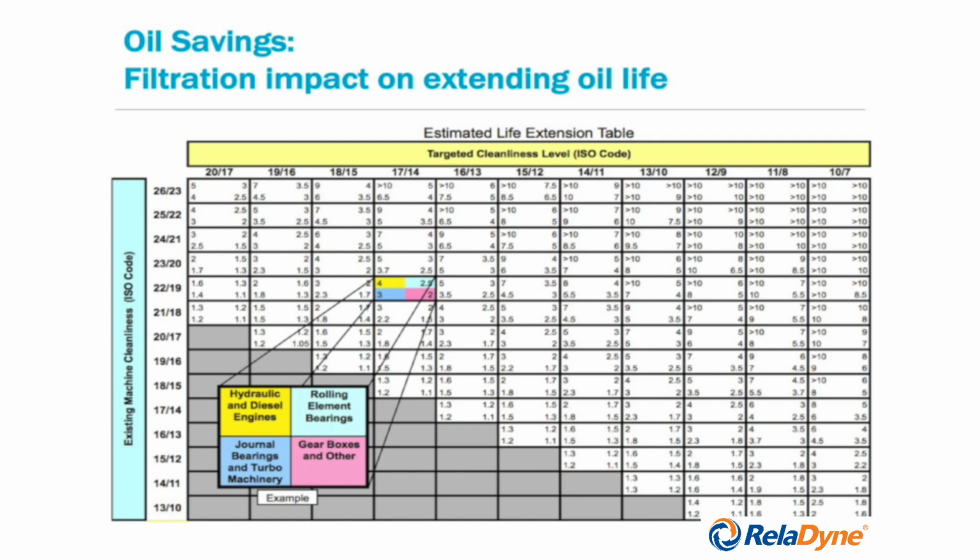And if now we have an actual or existing machine oil cleanliness level that is on the vertical scale, the Y scale, let us use an example.